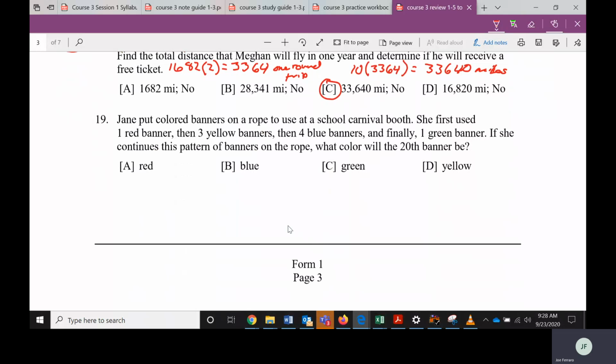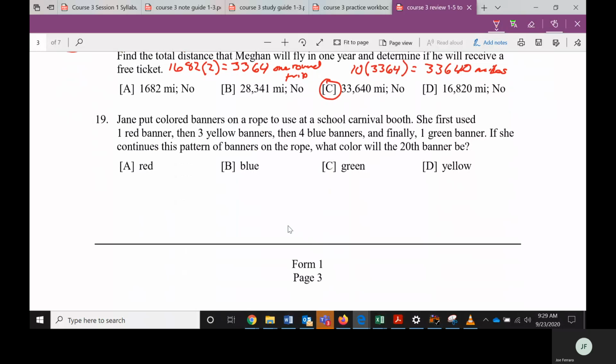Number 19, Jane put up colored banners on a rope to use at a school carnival booth. She used 1 red banner and then 3 yellow banners, then 4 blue banners, and finally 1 green banner. She continues this pattern of banners on the rope. What color will the 20th banner be?